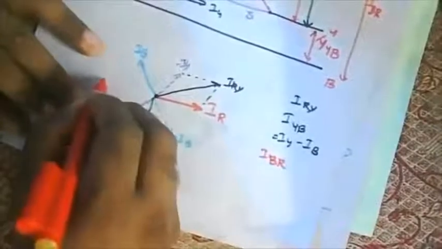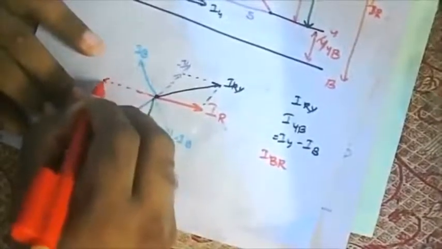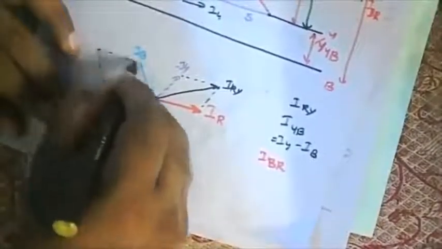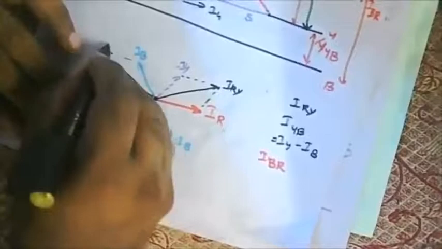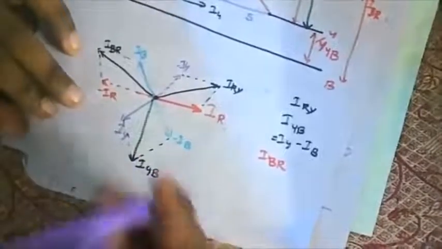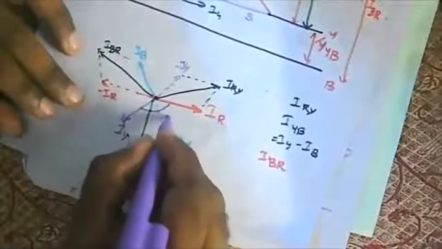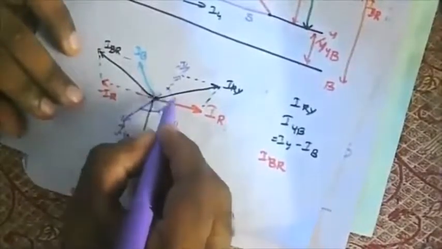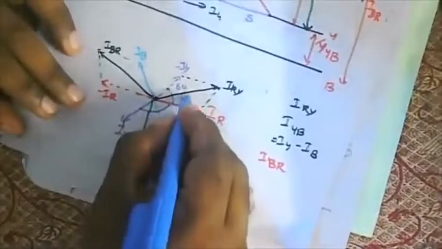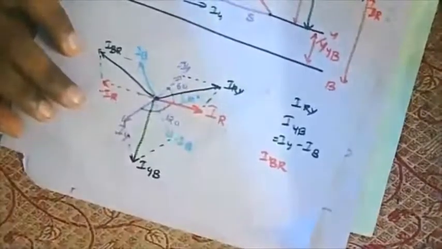IB minus IR. This is minus IR. If I complete the parallelogram, I will get IBR. This angle is 120. So this angle is going to be 60, and this angle is going to be 30 degrees.